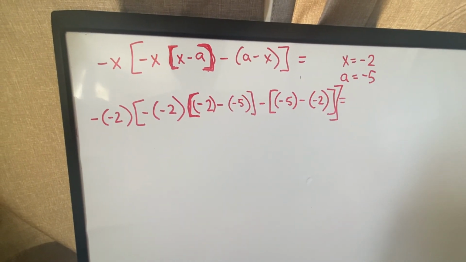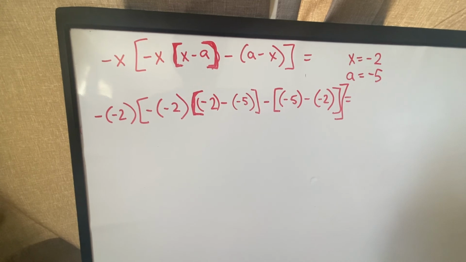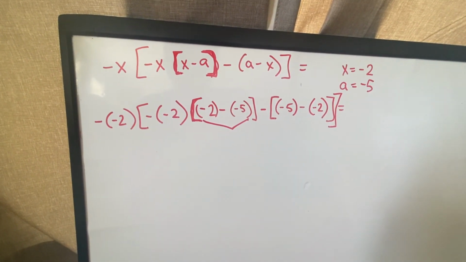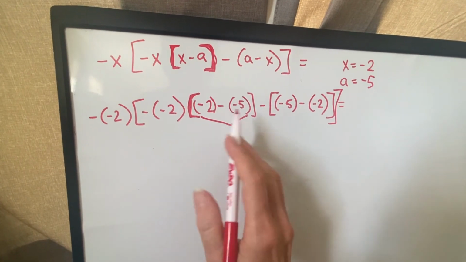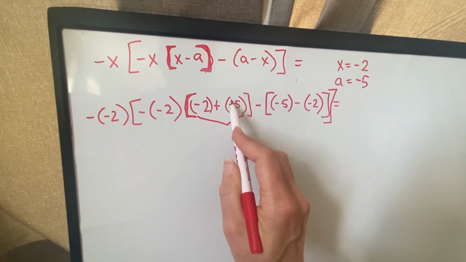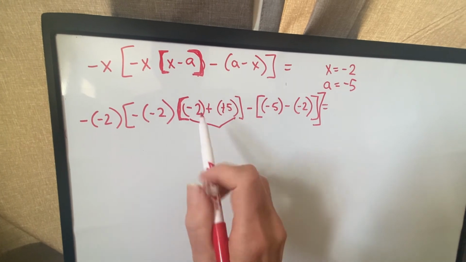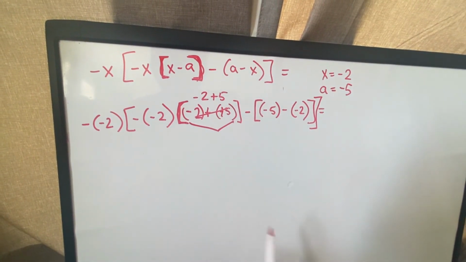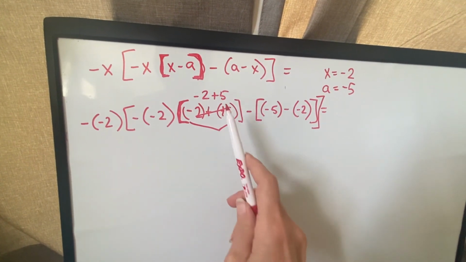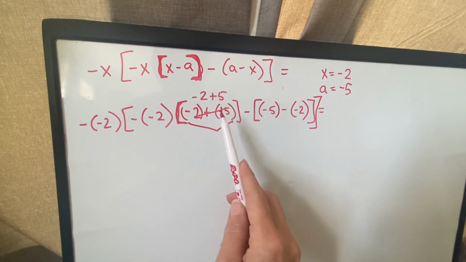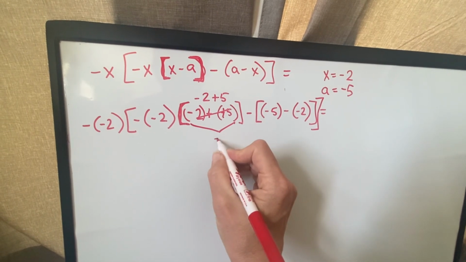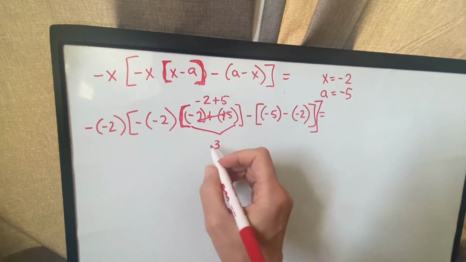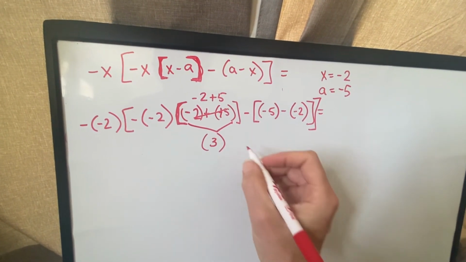All right, let's look at our innermost brackets, parentheses here. That would be this guy, -2 minus a -5. Remember when you have two negatives together, they become positive. So it's basically like saying -2 plus 5. Different signs, you subtract. 5 minus 2 is 3. Keep the positive sign because that's the bigger number. So this guy is now 3.